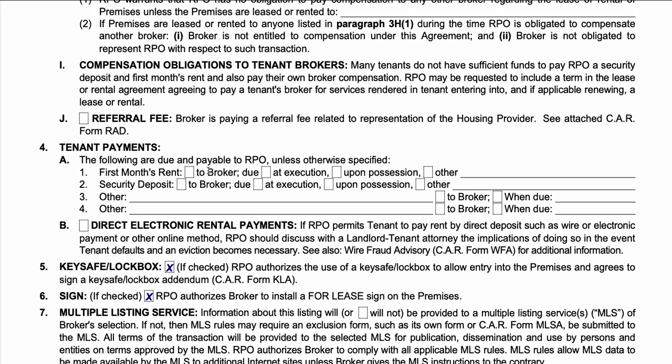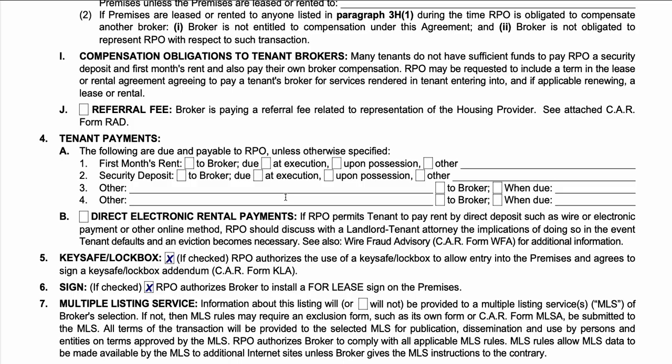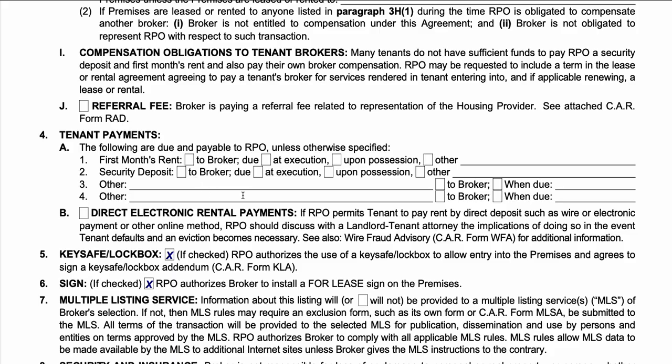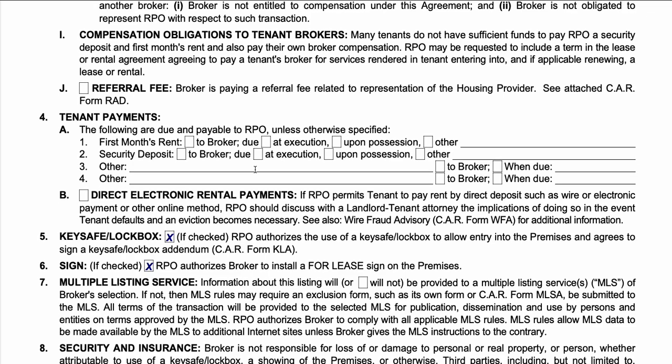See, why do they need to put this in here? Whoever drafts these forms really needs to think of how to make it simple as possible. Do you absolutely need this? Is this a necessity? No, it's not. This is all going to get figured out on the lease agreement. If you want to fill this out, by all means, be my guest. Do you need to? No. All right.